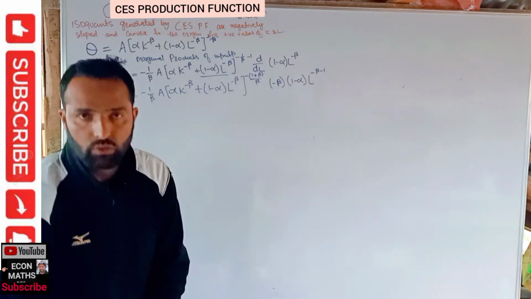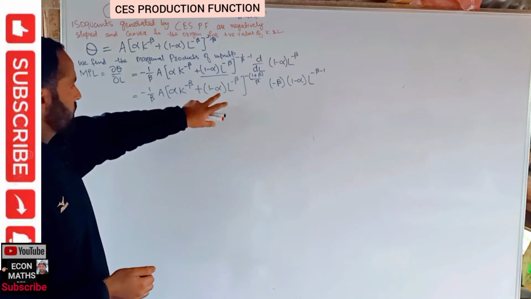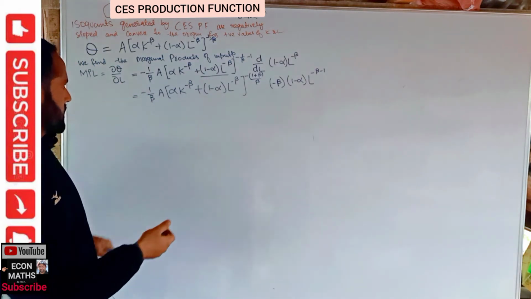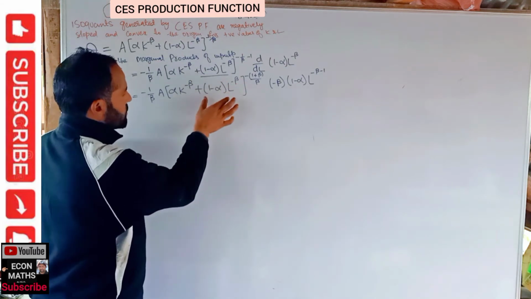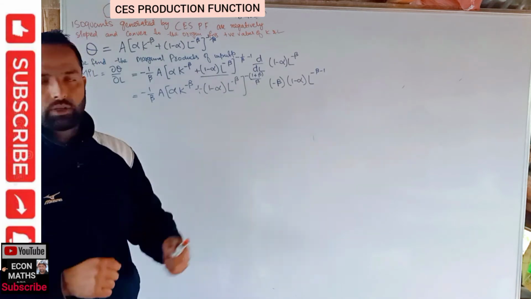If you don't get it, don't worry, you can check earlier videos where I have shown how we use this generalized power function rule. Here we have to differentiate with respect to L, and our L was also present inside, so we have to internally differentiate again. So I have written that here.